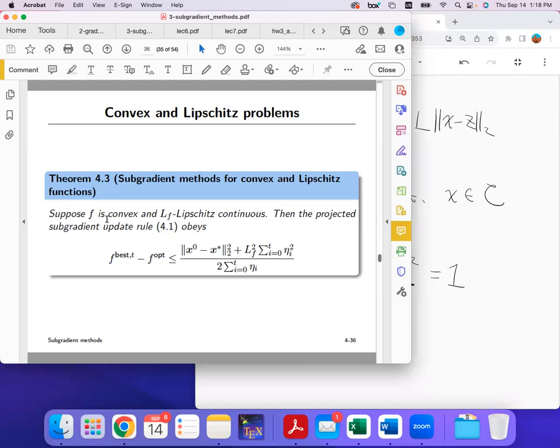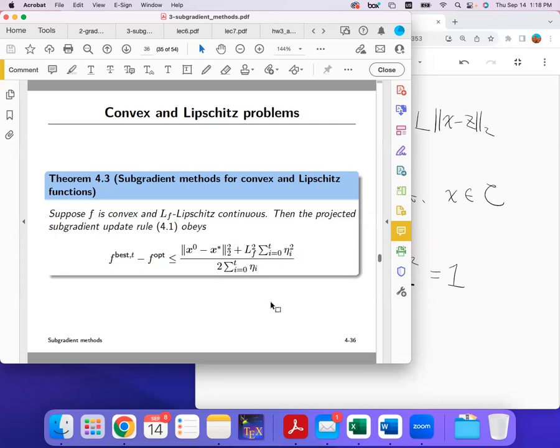Okay, and this is a more general convergence result. So the function class is the same, the algorithm is the same, but here we do not specify the step size rule. Okay? We do not specify this eta t. For a general eta t, this will be the convergence rate. Okay?